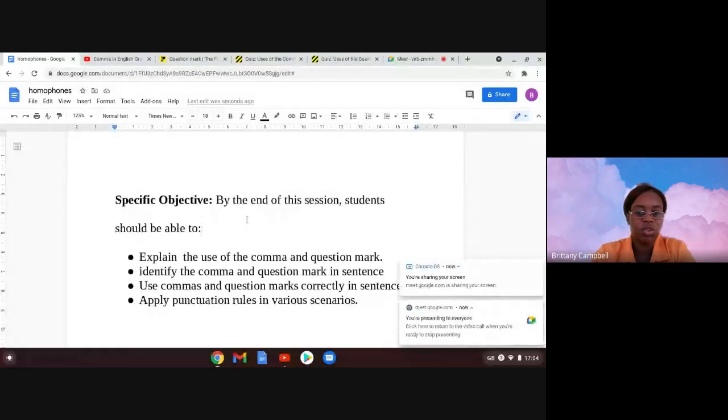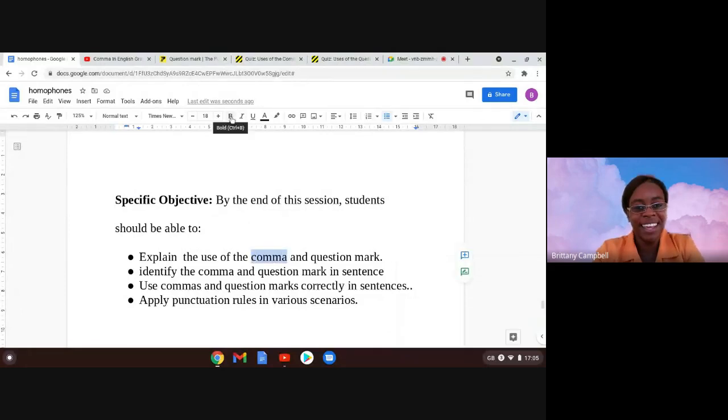All right, so jumping right into our specific objectives. By the end of this session, you should be able to explain the use of the comma and the question mark. So the answer there with the spy, what I spy was a comma indeed.